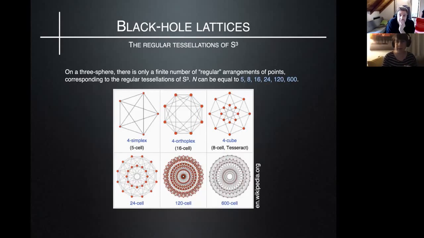And the particular one that we've chosen is the one where you have 8 cells. And the paper corresponds exactly to this. Again, this is not a choice dictated by the fact that we wanted a solution. A solution is guaranteed at all times for all configurations. This is just because we wanted to get something that mimicked a homogeneous and isotropic universe as much as possible.